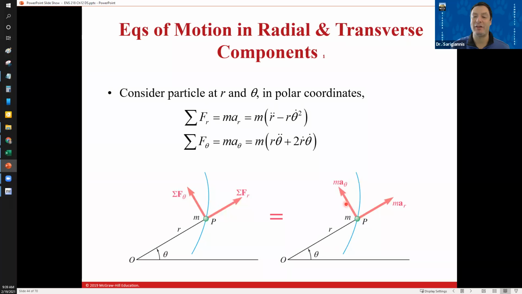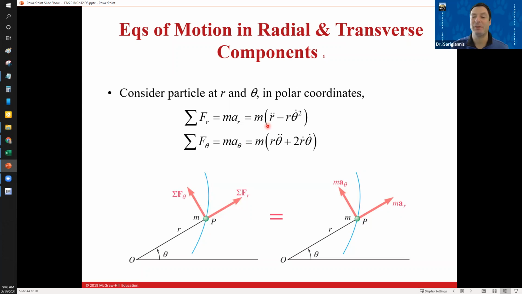And then m a_theta, and the sum of the forces in theta are tangential, or perpendicular to this radial line. You can write the equations in polar coordinates for radial acceleration and theta acceleration. Remember in the last example, we said there's no theta acceleration. We're just going to look at this in the XY plane.